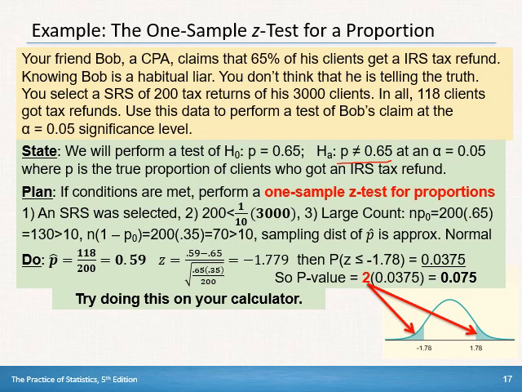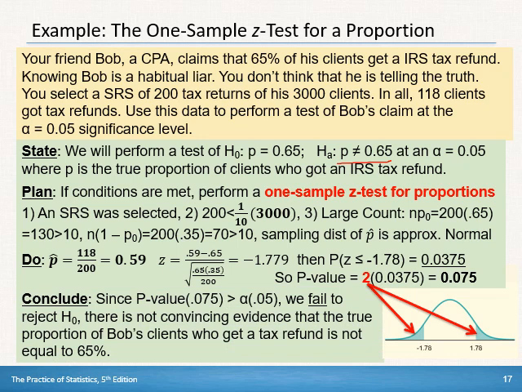All right, try doing this in your calculator. If you do it in your calculator, you would have chosen the not equal to as your alternative, and it doubles it for you. So if you're getting your P value from your calculator from the one prop Z test, then you don't have to double it if you picked the two-sided test, the not equal to.